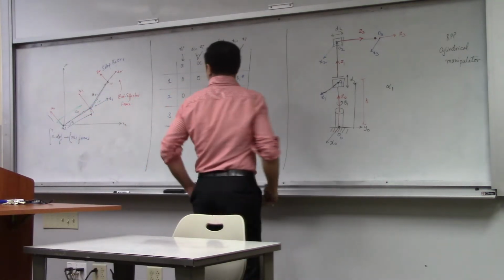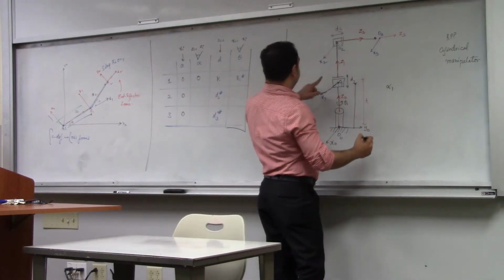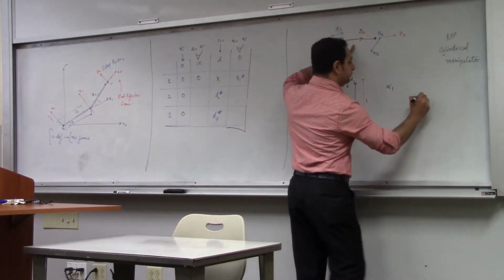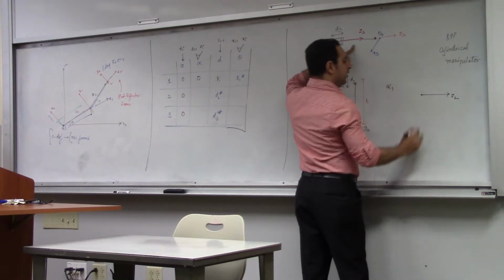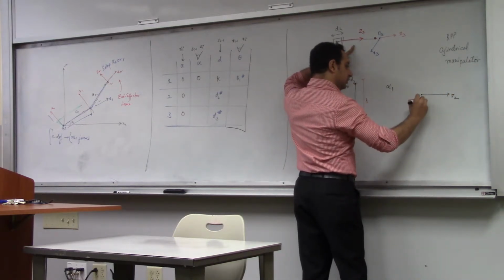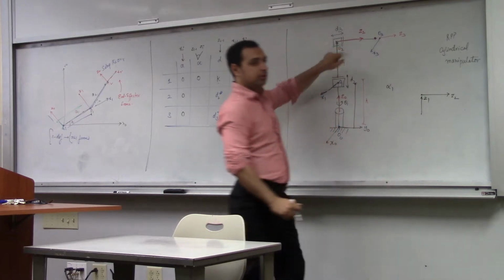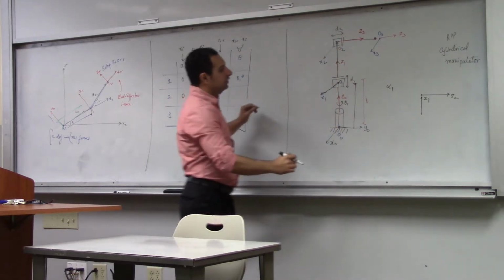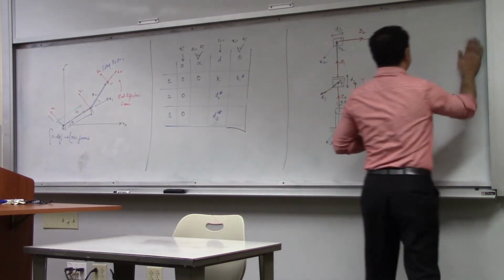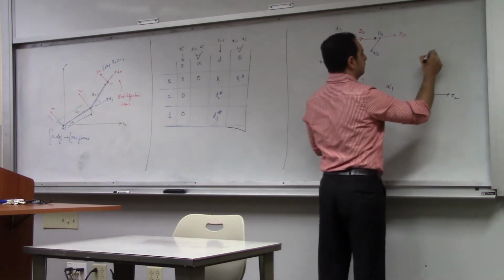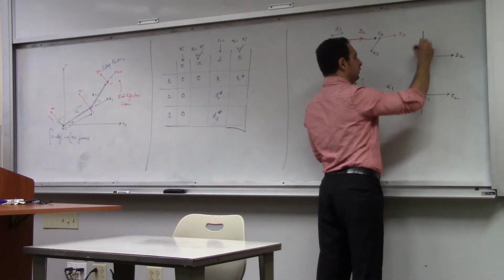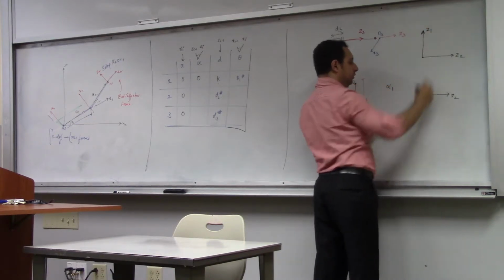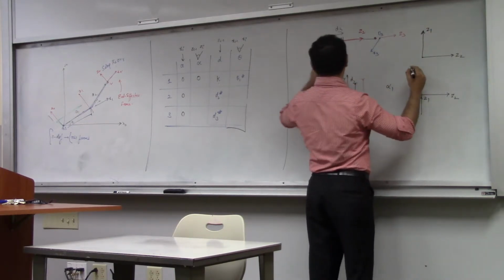Okay, let's see if it's pi by 2. So here you have Z2, and Z1 is like this, right? If I redraw this, it's going to look like this: Z2, Z1, because Z1 goes up like this, and this is X2.